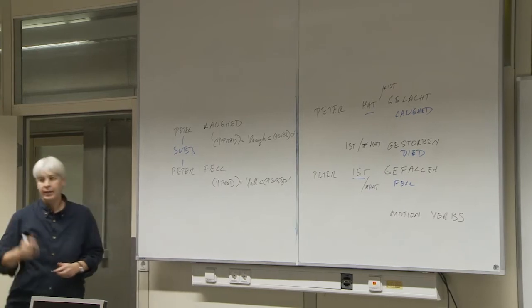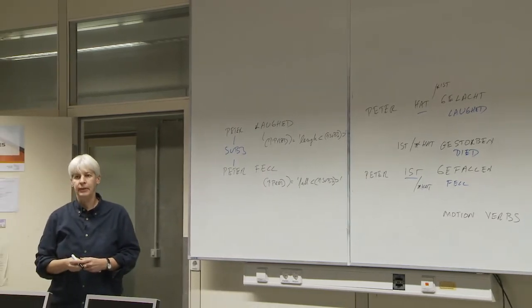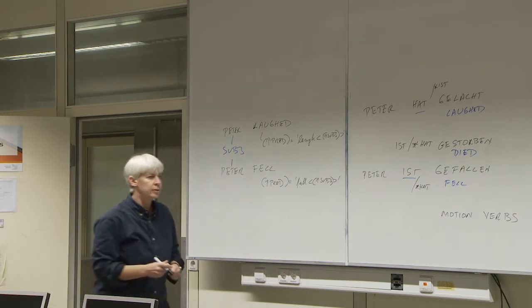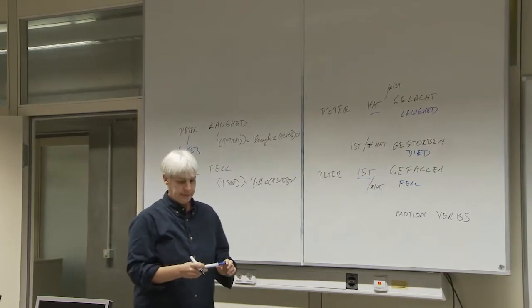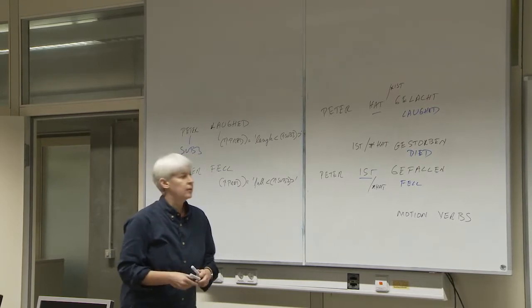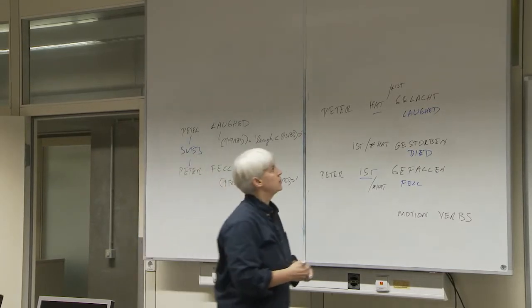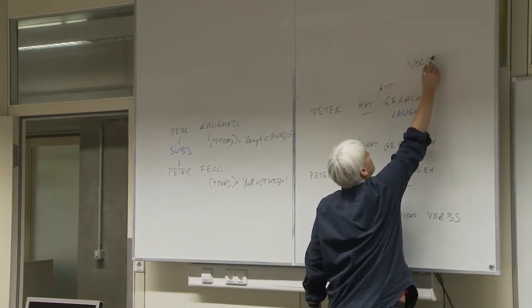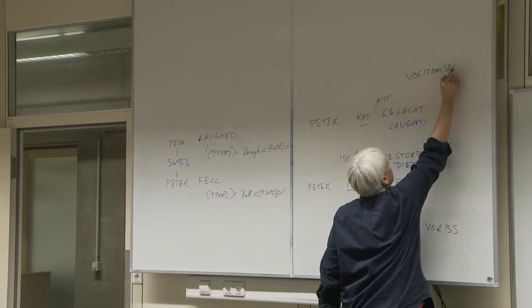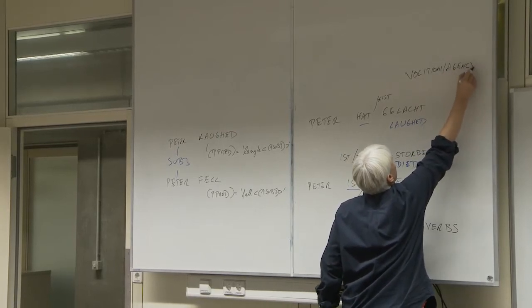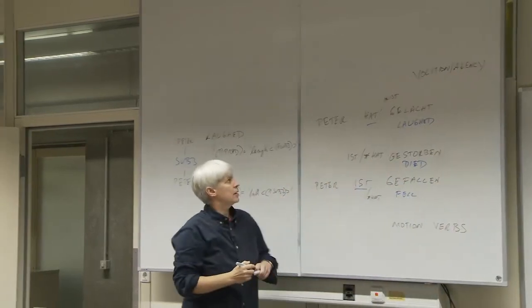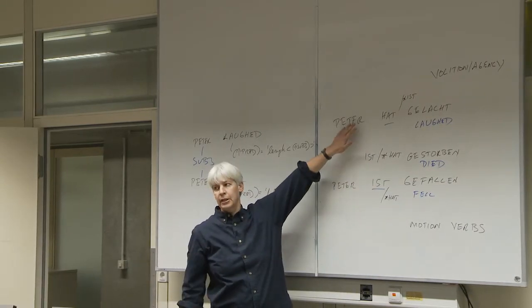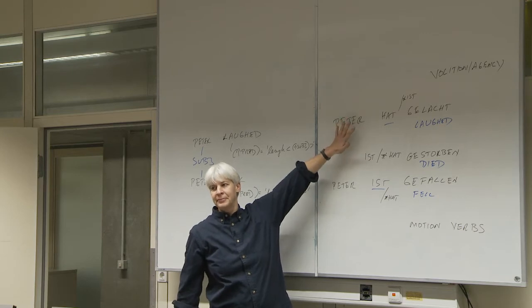So motion verbs is one category, but it's a subcategory of what linguists have determined is going on. Volition, agency, is one category up here, the ones that are associated with hat. But this category also has verbs in it like vomit or burp.